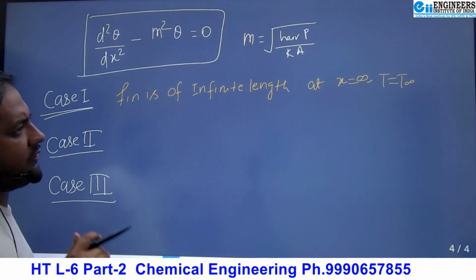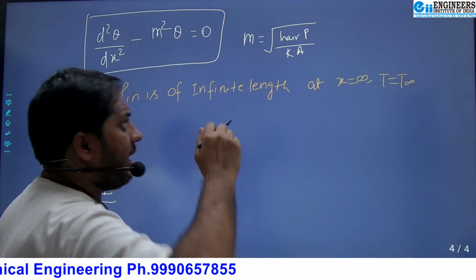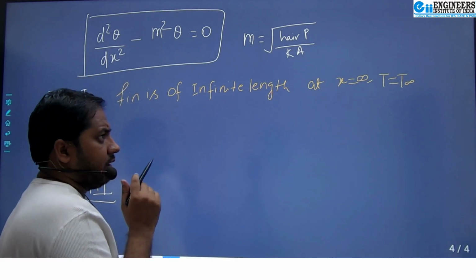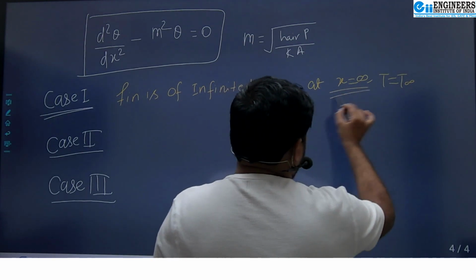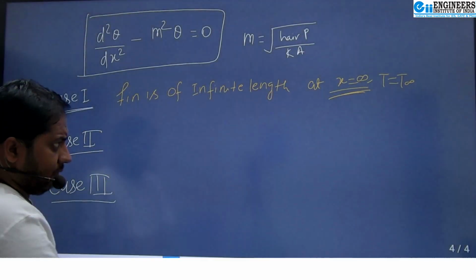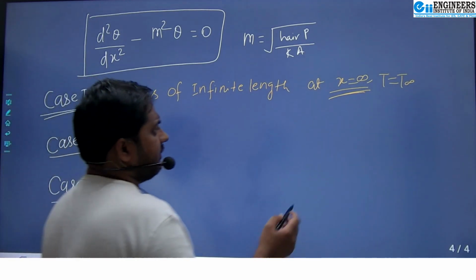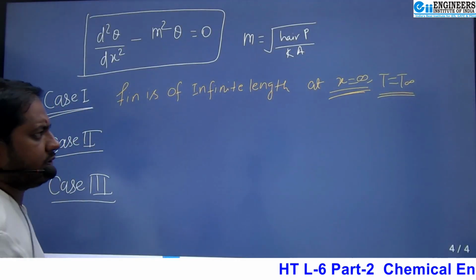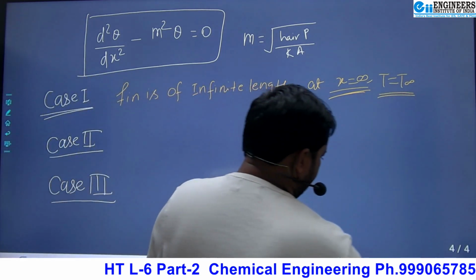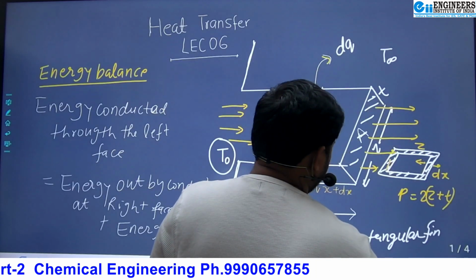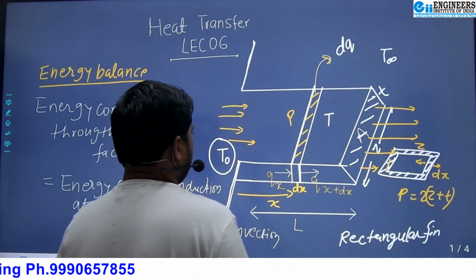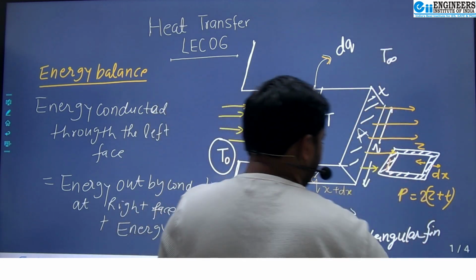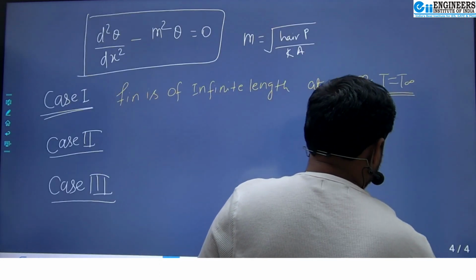So in this case we assume that the fin is so long that at infinite length from the base of the body, there is no effect of the wall of that particular equipment, and hence the temperature at infinite distance is the same as the temperature of air. If the fin is infinitely long, then the base temperature will not affect the infinite distance, and the temperature of that surface is the same as the temperature of air. This is the first case.